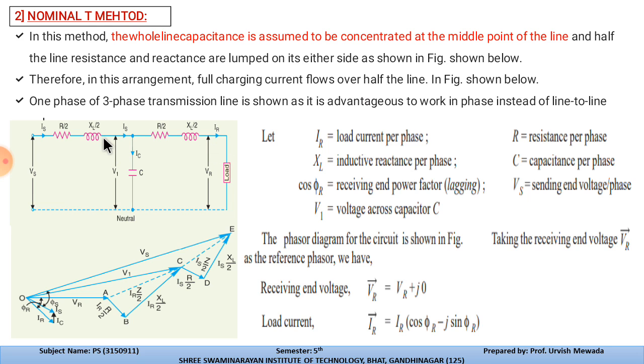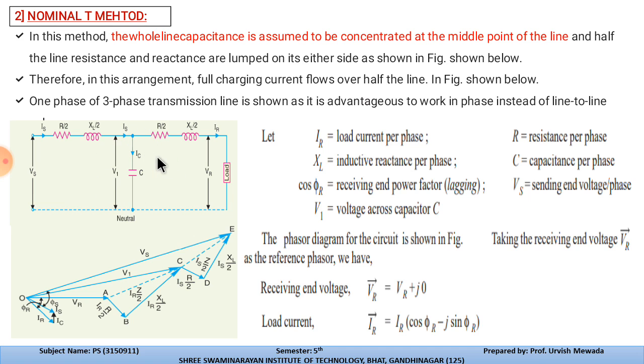Here we considered one line and one neutral, so two wires in between which we are measuring the capacitance. In this method arrangement, the full charging current flows over half the line, as the figure shows.